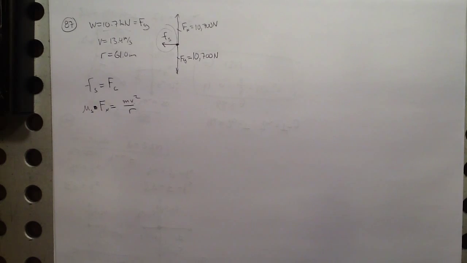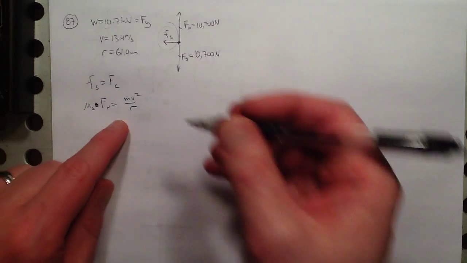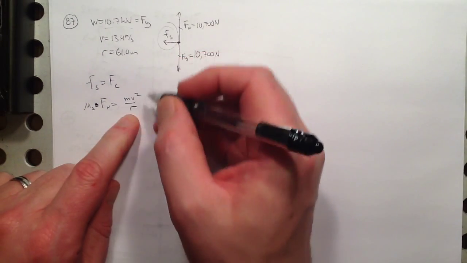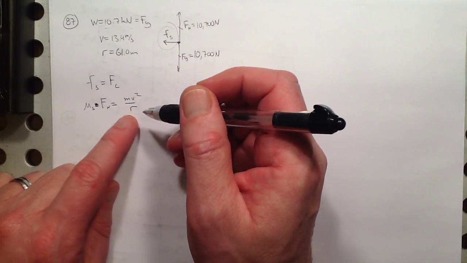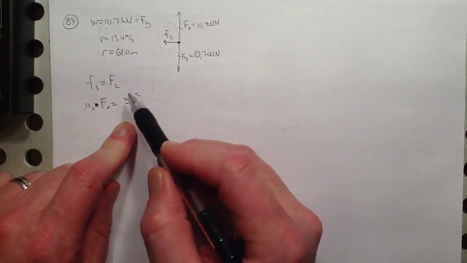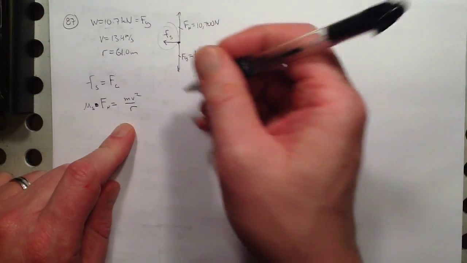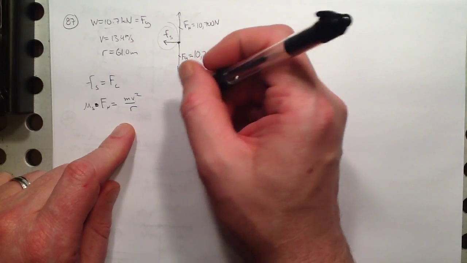And that's the equation that would give the maximum velocity. But they want to know what's the magnitude of the frictional force that's required to keep the car on its circular path. Well, that would be this side of the equation, right? How much frictional force would there have to be? That'd have to be mv squared over r. So let me figure that out.